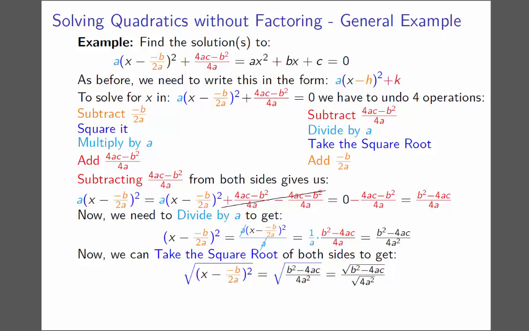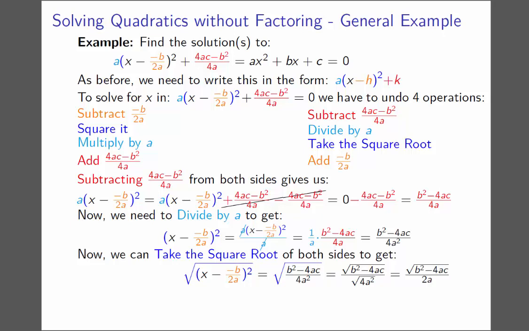In the top we have the square root of b squared minus 4ac, while in the bottom we have the square root of 4 times a squared. But we can reduce that because the square root of 4 is 2 and the square root of a squared is a. So we have the square root of b squared minus 4ac all over 2a.